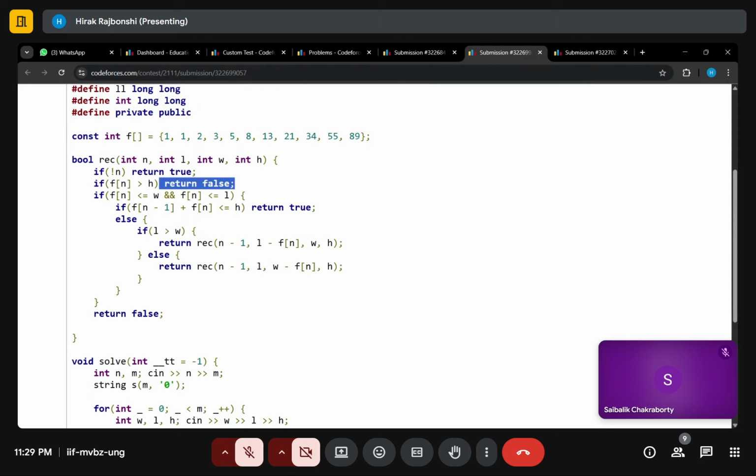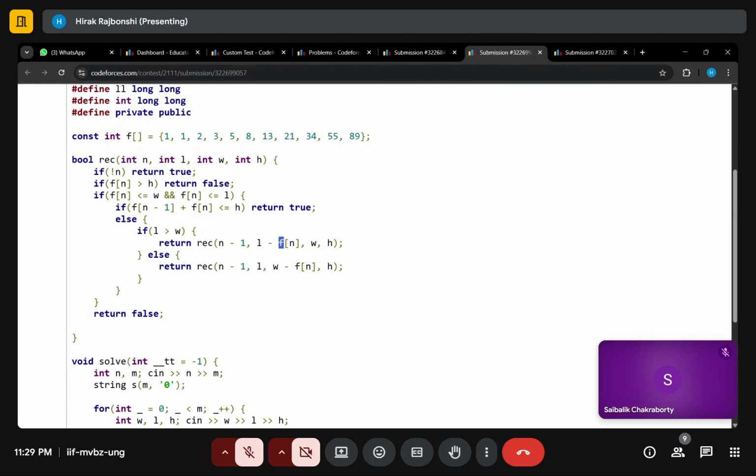Otherwise I am doing the same problem for placing the n minus 1 box in a box of smaller dimension. If L is greater than W, then I am subtracting f of n from L and passing it along, while the width is the same and the height is the same. This will not increase, only this part will decrease.